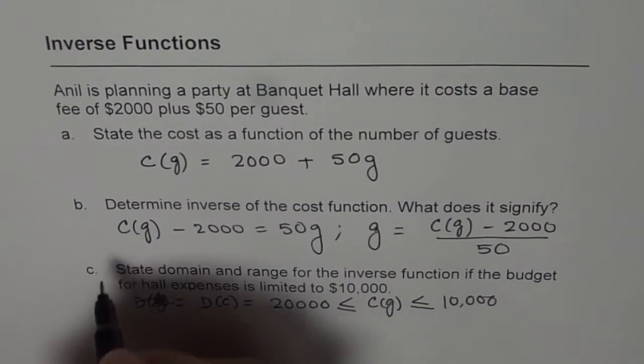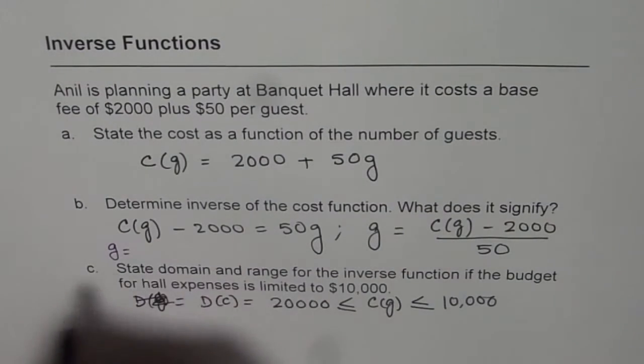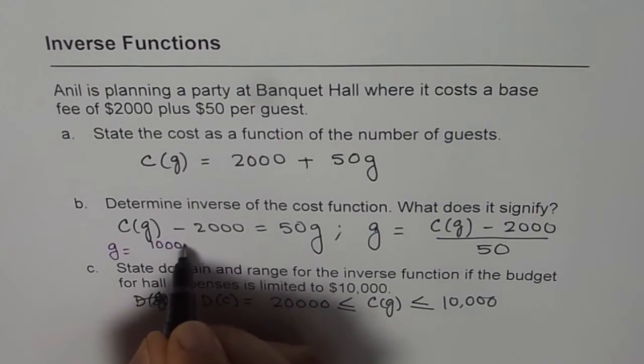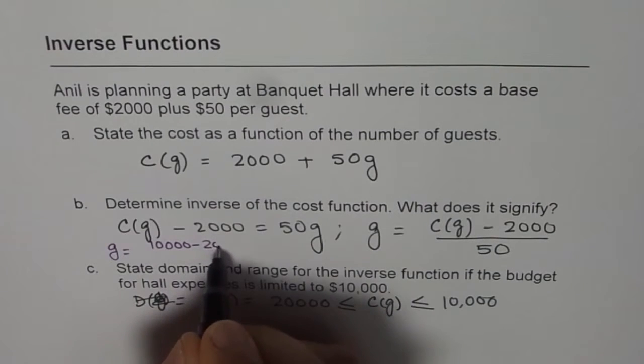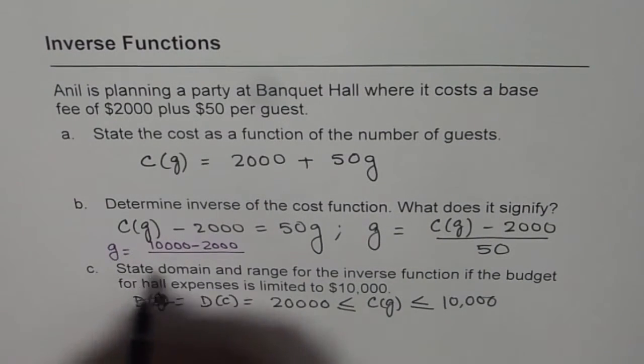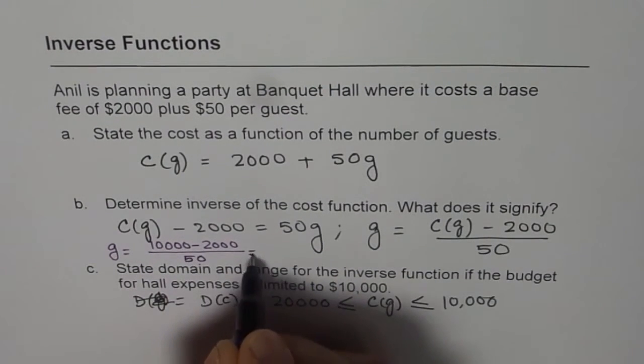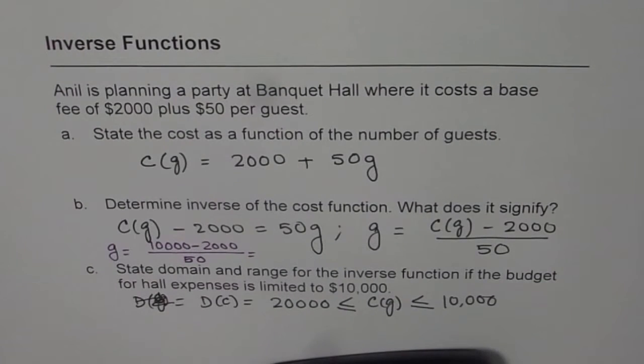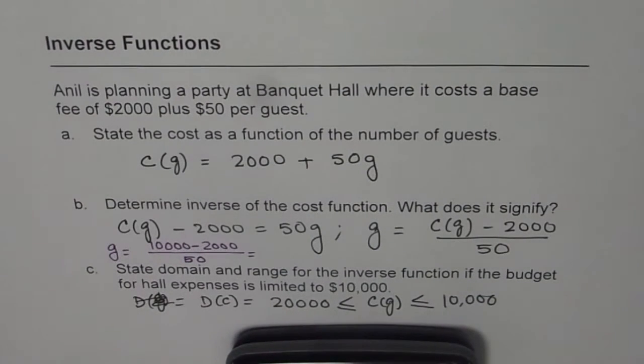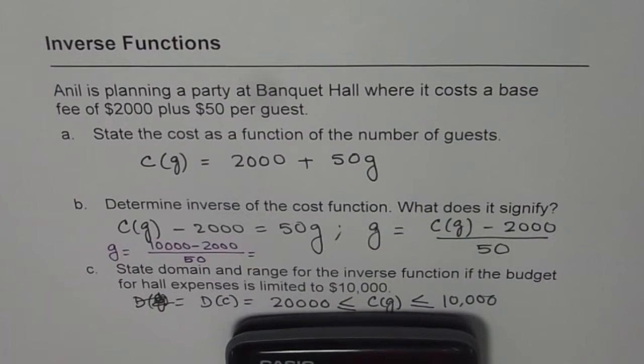So G, the maximum number of guests, will be equal to 10,000 take away 2,000 divided by 50. Okay, let's use the calculator. So we have 10,000 take away 2,000, which is 8,000, divided by 50, right?